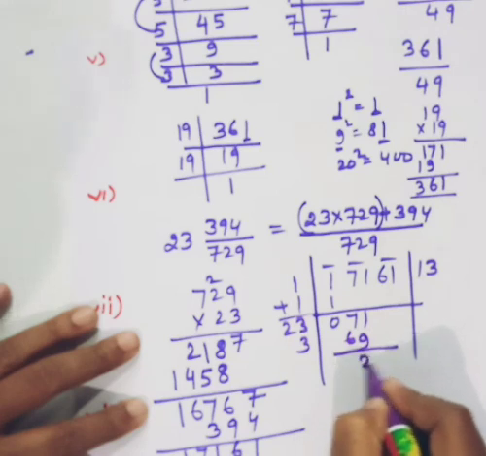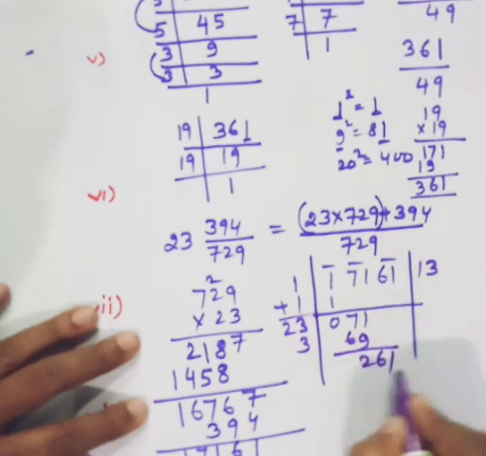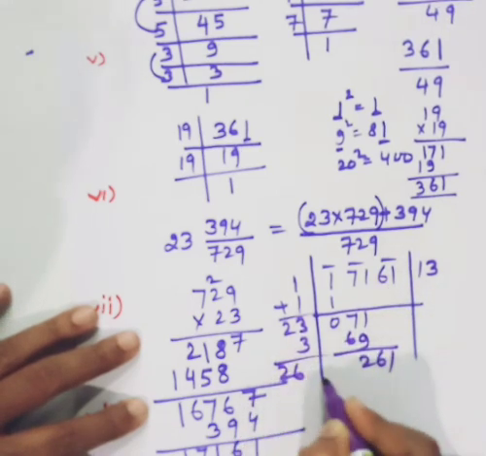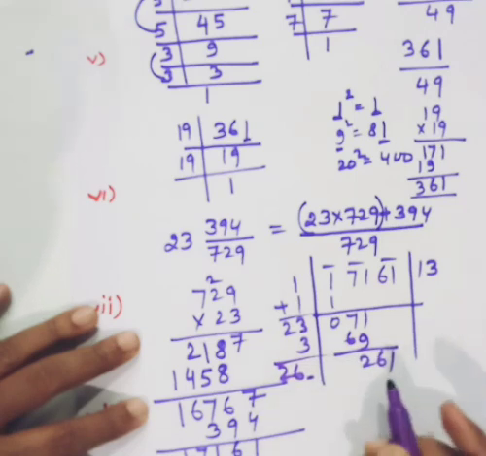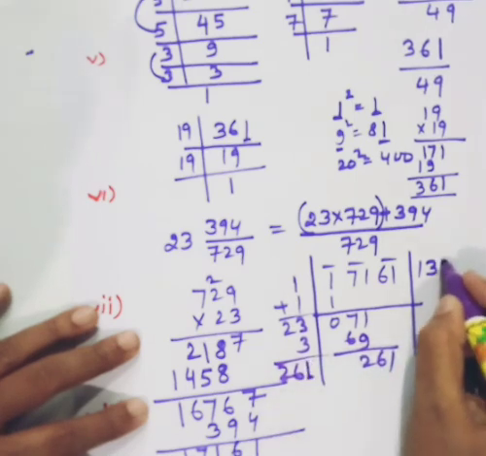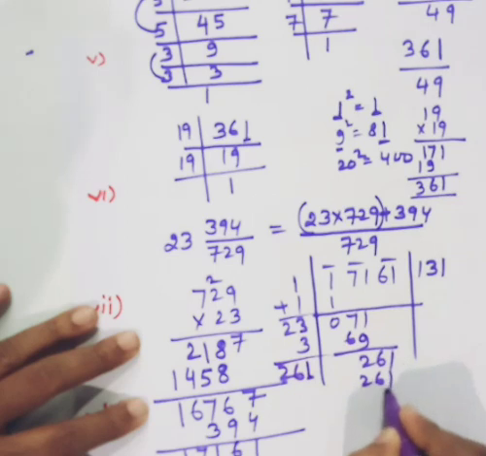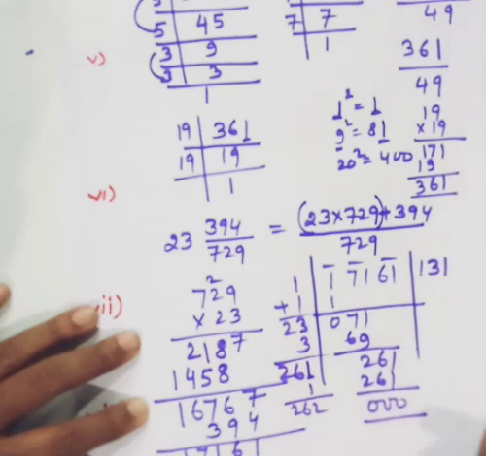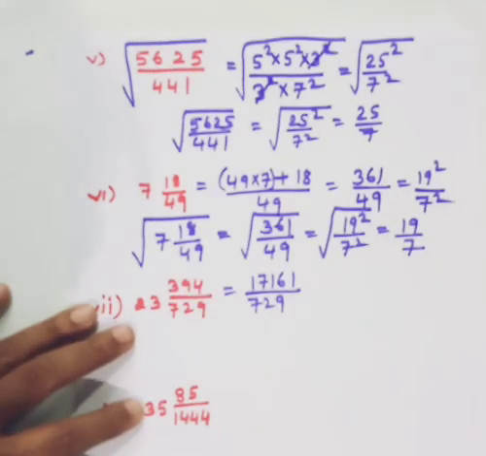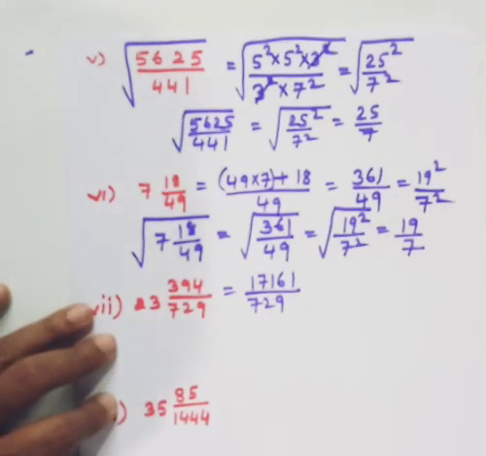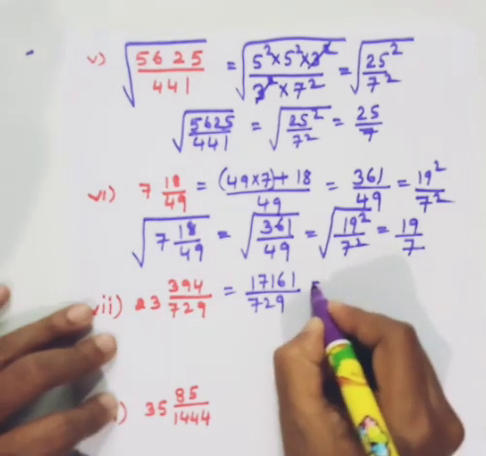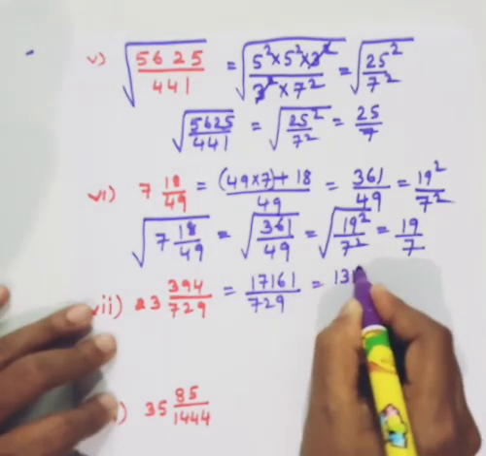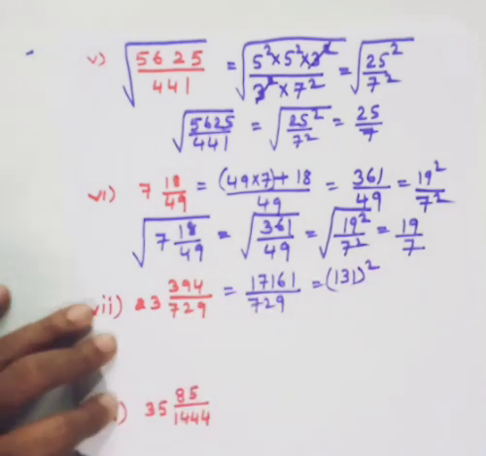So 2 left, bring down 61. You are left with 26 here. So 1 place vacant, so it will be 261. 1 ones are 261. So you are getting how much? 131. So you can say that 17161 is 131 square.